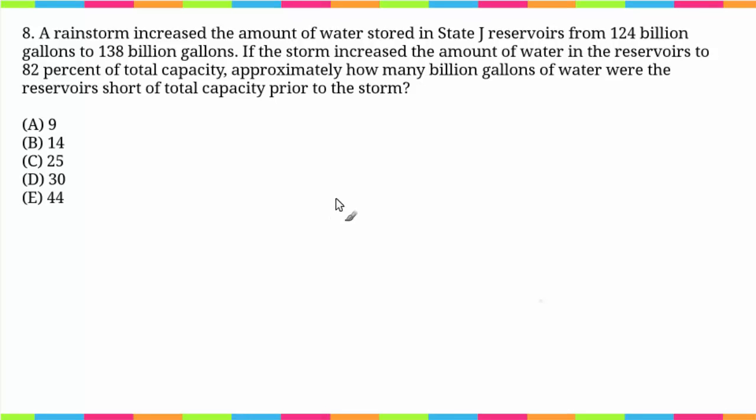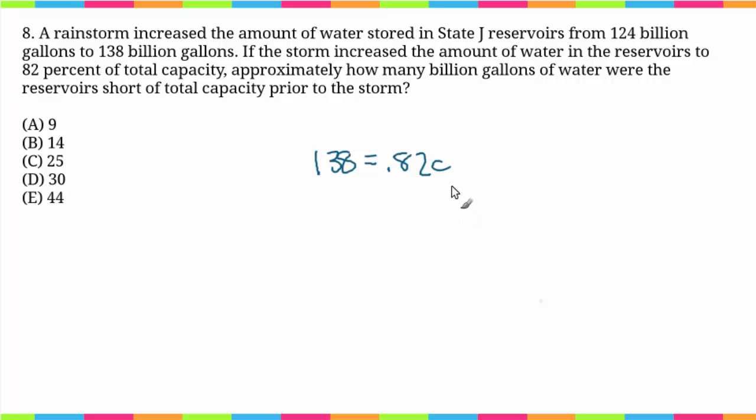So the first thing we are going to do is set up our algebraic equation that is going to allow us to solve for the capacity. So here we are going to have 138, and I'm going to omit billion, is equal to 0.82 C. Now all we have to do is solve for C.